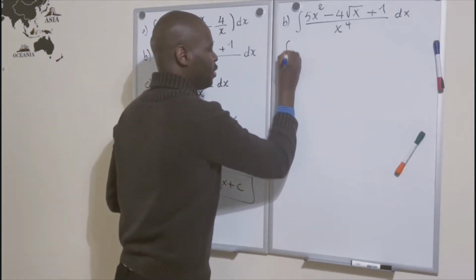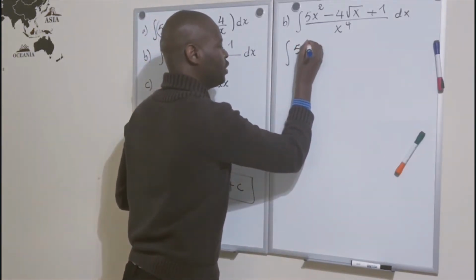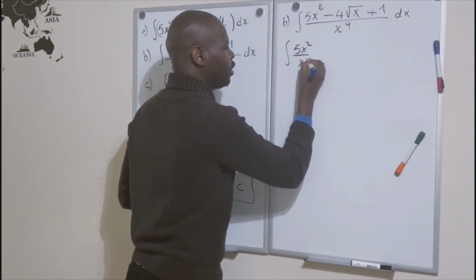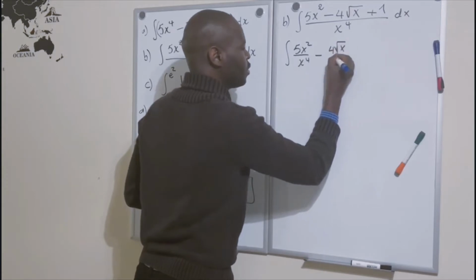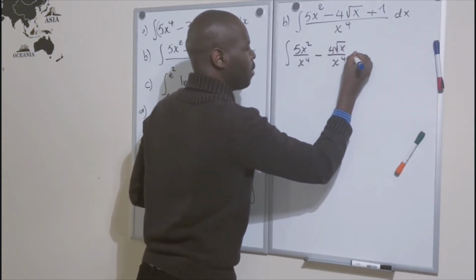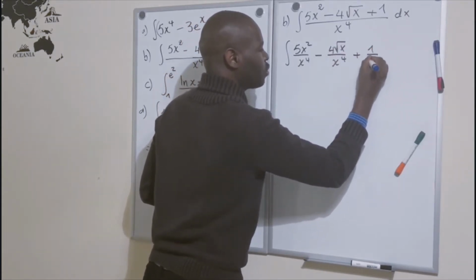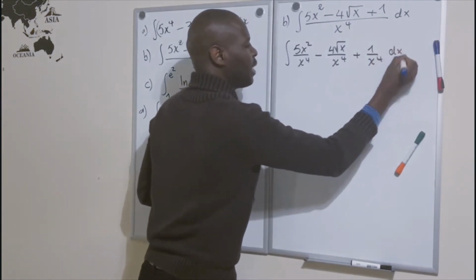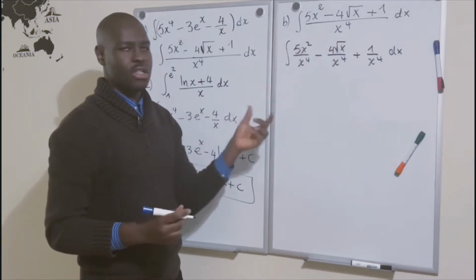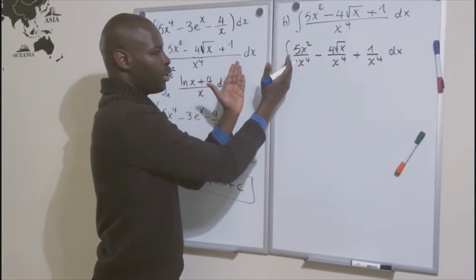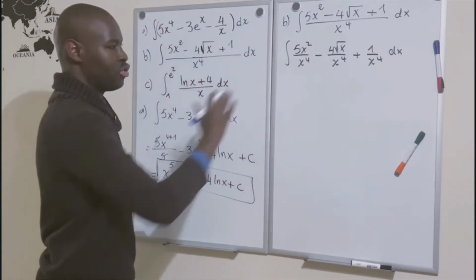So this is what I mean. It will be 5x squared over x to the 4 minus 4 square root of x over x to the 4 plus 1 over x to the 4. I did not change my integral. All I did is separate them so that I have x to the power 4 under each term. So this is easier to integrate.